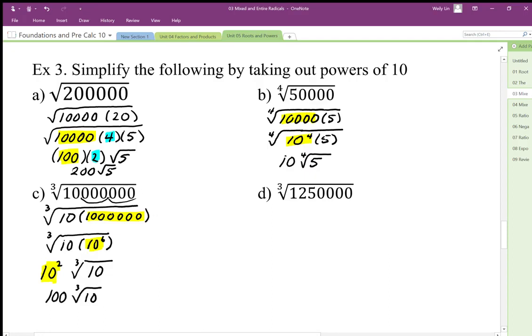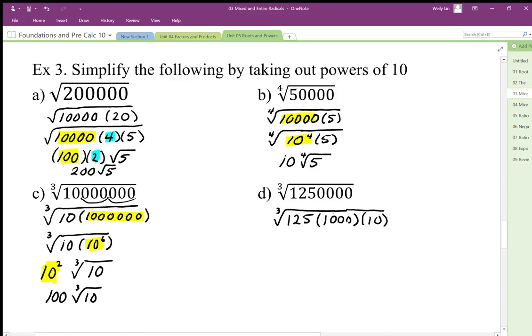Here, it's kind of hard to see, but I'm going to try to pull out some factors here. I recognize that 5 to the power 3 is going to give us a 125. And then I'm going to end up with 10,000, which I'm going to break into 1,000, which I know is a power of 3, times that extra 10. Okay, so you may do this slightly differently, but basically we're trying to find factors that are perfect cubes.